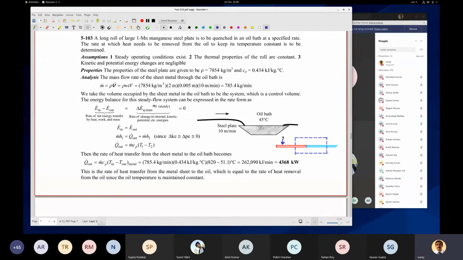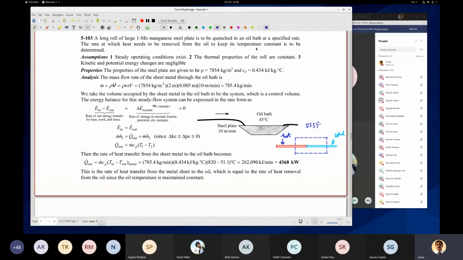So it is hot and here it is cold. When it comes out, it is cold. So steady state, steady flow process.